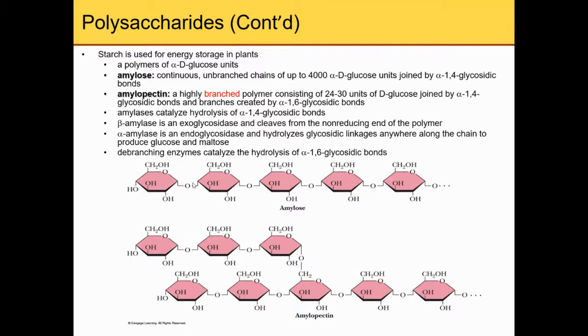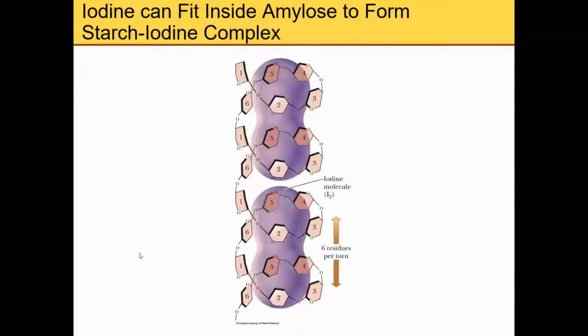And then amylopectin, which is highly branched. So you can see the branch. It's a branched polymer consisting of 24 to 30 units of D-glucose joined by this 1,4 glycosidic bond. So that's the polysaccharide.